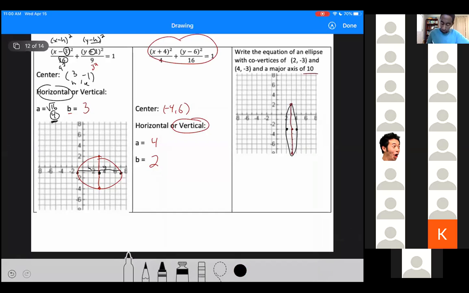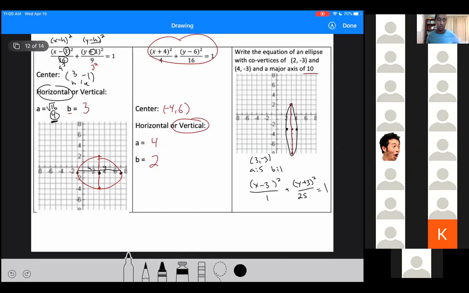I got a center of 3, negative 3, an A of 5, and a B of 1. And then the equation was x minus 3 squared over 1 plus y plus 3 squared over 25 equals 1. Okay, very good. And you put the A under the Y because it was vertical, right? Yes. All right, awesome. So that's ellipses part 1.